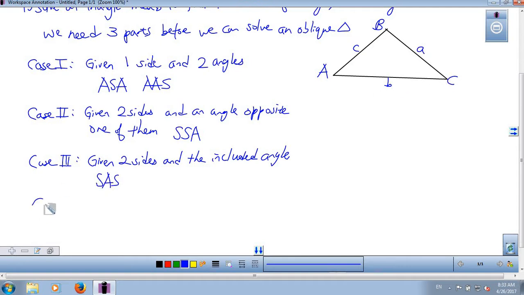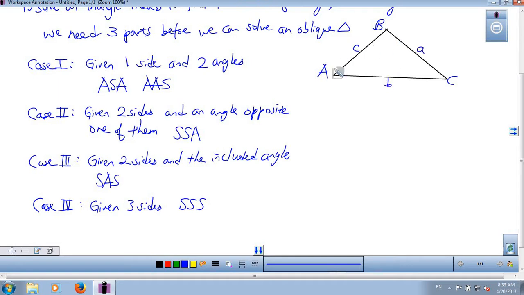Alright, last case, case 4, is given three sides, which is side, side, side. Now notice, there's no case given three angles, angle, angle, angle. There's no such case because given the angles A, B, and C, there are an infinite number of solutions we can put in there.